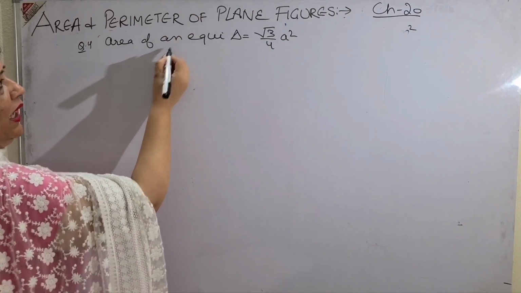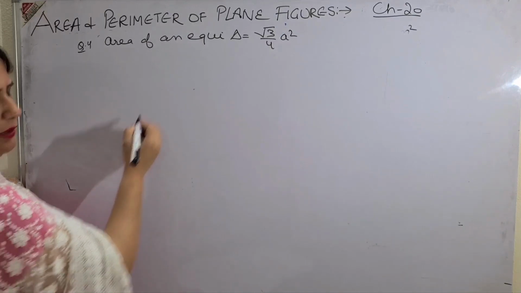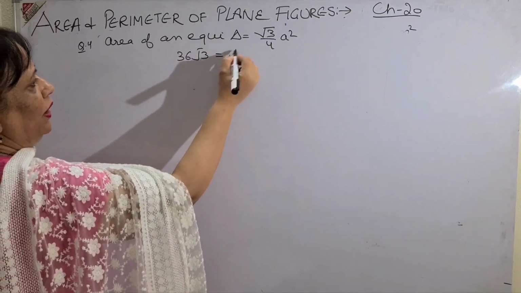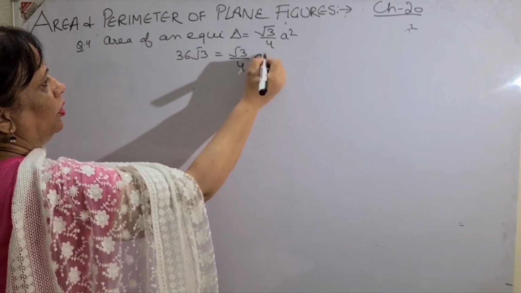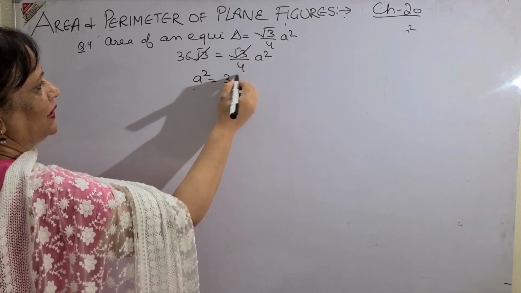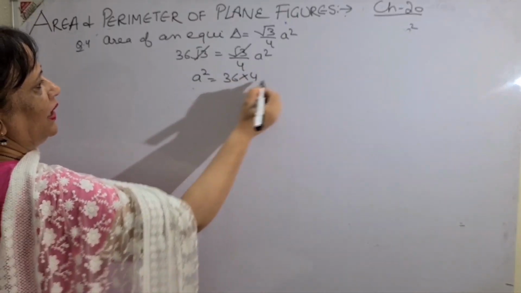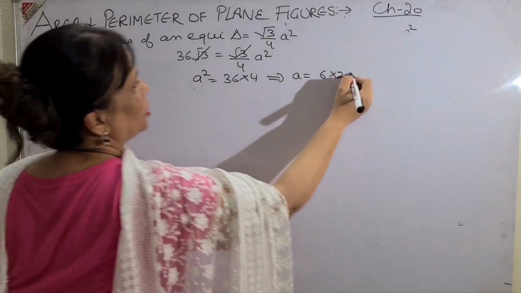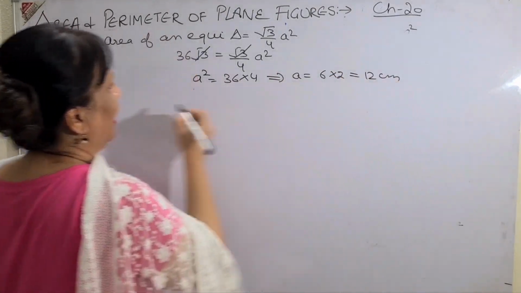In the question they have given you the area of the equilateral triangle to be 36 root 3. So substitute the value, and by the formula you already know root 3 cancels, and a square will be 36 into 4. After taking the root, a will be 6 into 2, that is 12 centimeter, and they have asked me to find the perimeter.